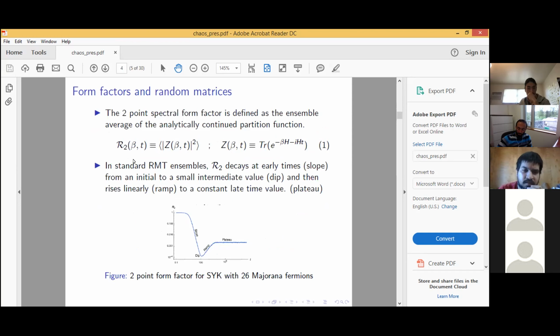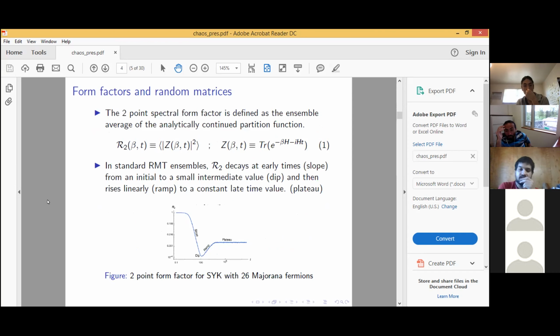First, we'll define some generic concepts that will be widely used throughout. This object R2 here is called the 2-point spectral form factor, and that's defined as the average of mod z squared, where z is the analytic continuation of the partition function. The average is taken over an ensemble of certain Hamiltonians, which appear here in the exponential.